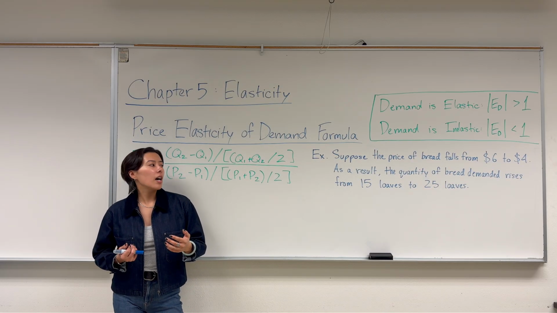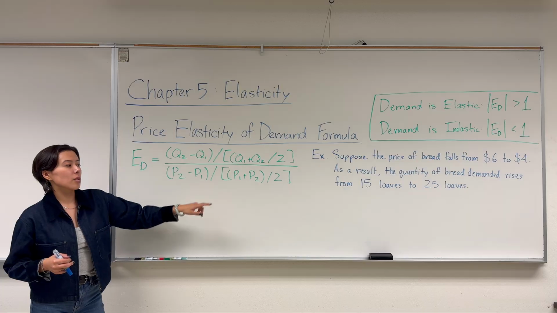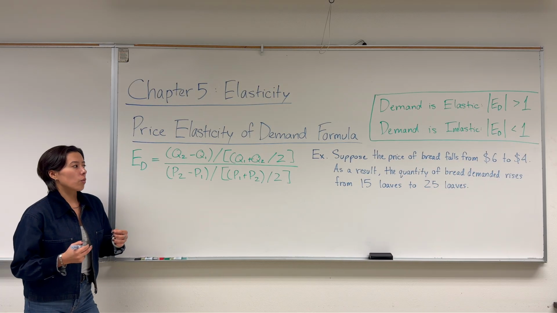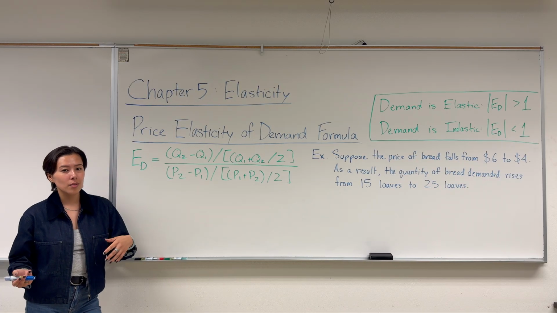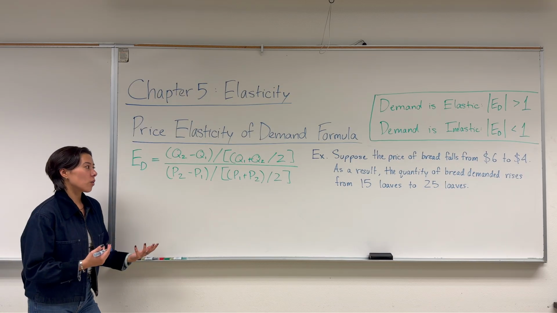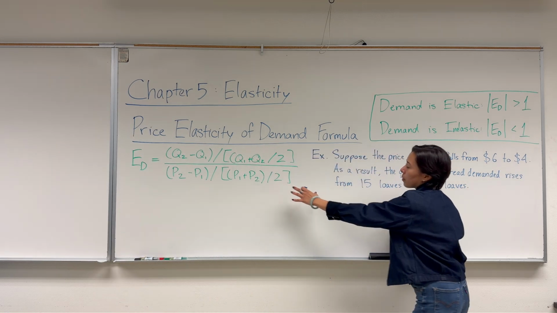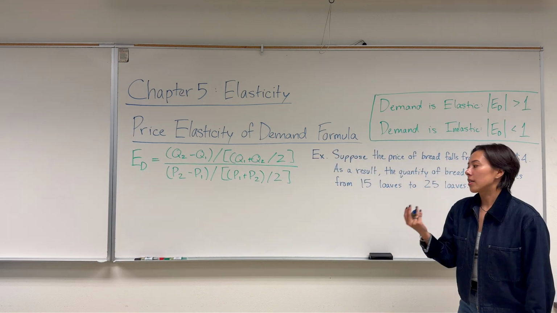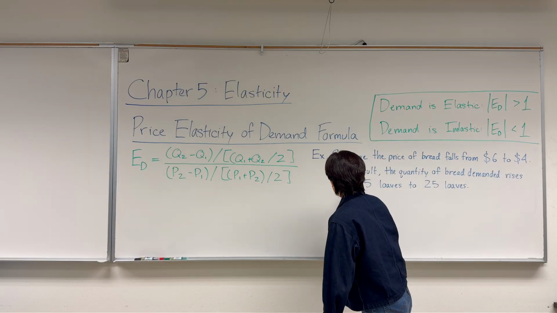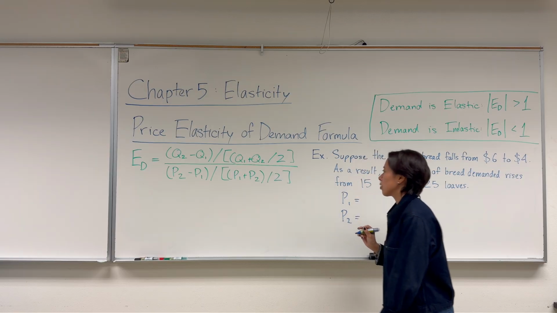So first, I want to identify where these numbers need to be plugged into my formula. So I want to figure out what is my new price, what is my old price, what is my new quantity demanded, what is my old quantity demanded. So in my formula, P1 is going to represent the original price, and P2 is going to represent the new price after the change.